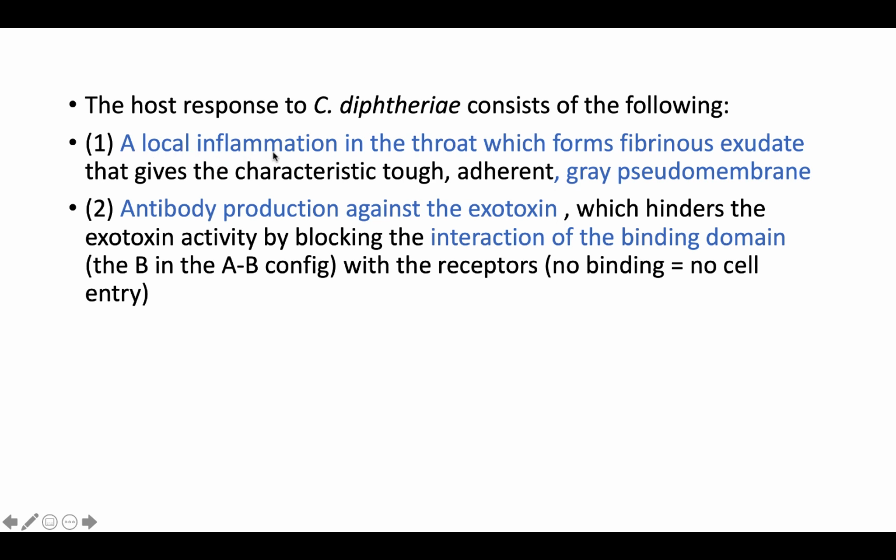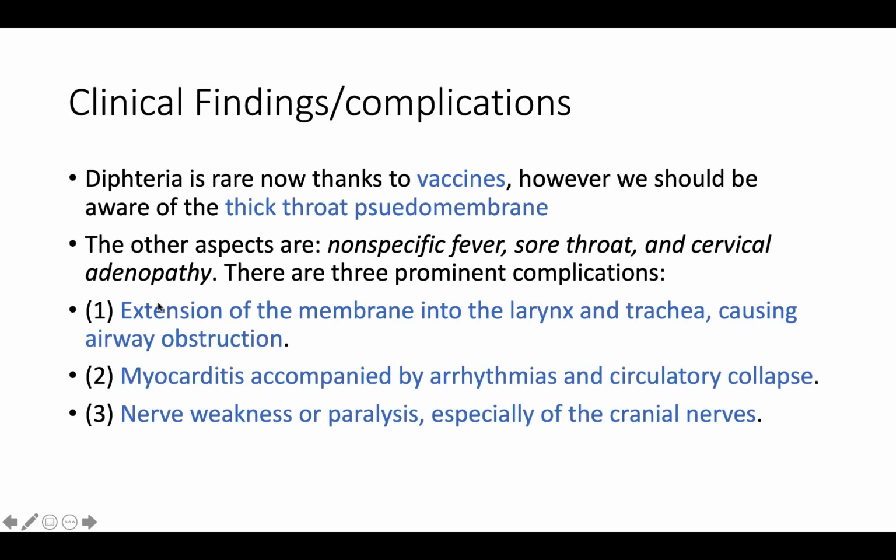First, a very prominent inflammation of the throat, which after a while produces fibrinous exudates that solidify to make this gray pseudomembrane. Then antibodies are produced against the exotoxin, which hinder it by blocking its binding. If you prevent binding for all toxins, including this one, then you prevent its action on cells. With no receptor binding, there is no cell entry, no function.